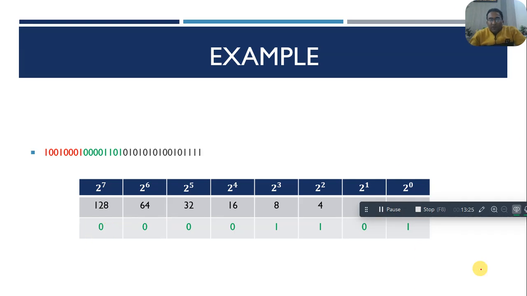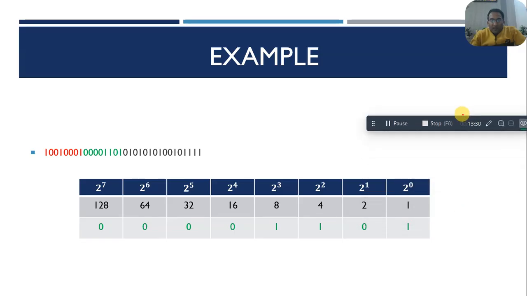Now let us convert this particular number into decimal format. As I told you, where you have a 1 in the binary format, you take that power into consideration. So 1 into 1 is 1, plus I have 1 over here, so 1 multiplied by 4, plus 1 multiplied by 8, plus 0, all the others are zeros.